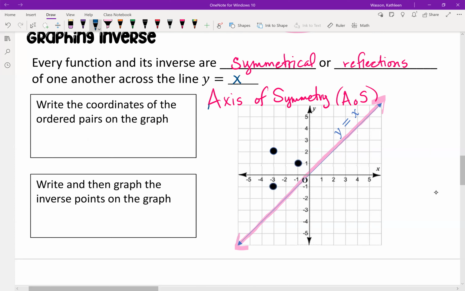I can label the points that are already graphed. They are -3, -1, and -3, 2, and -1, 1.